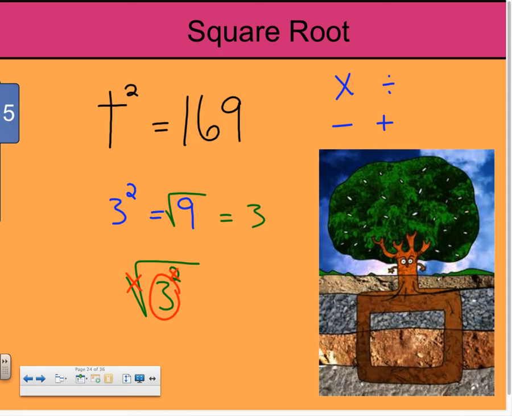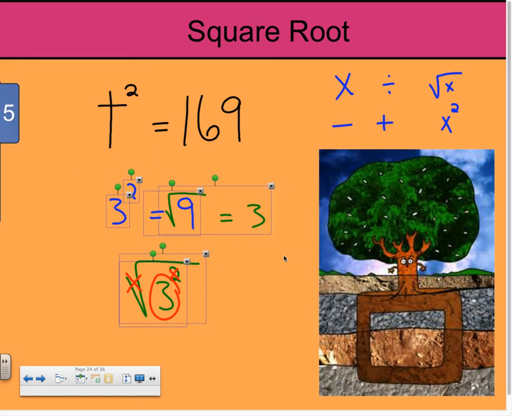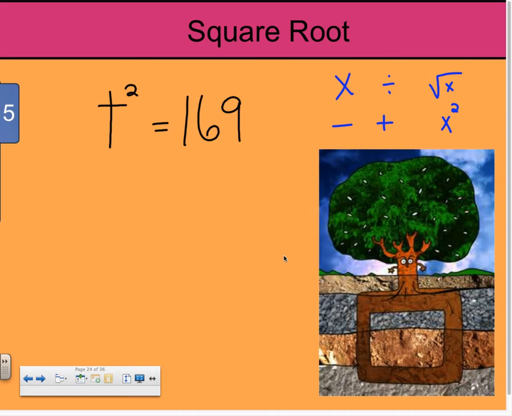I would also like you to know that the square rooting of something and the squaring of something are opposites as well. So we can use squaring to undo the square root, or vice versa. If I have something, in this case t, that is being squared, I can use a square root to undo that squaring.